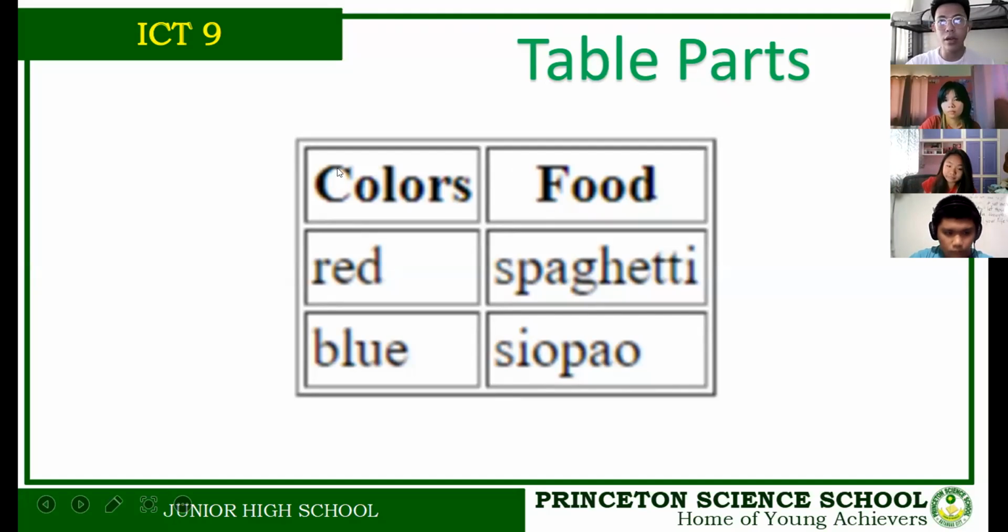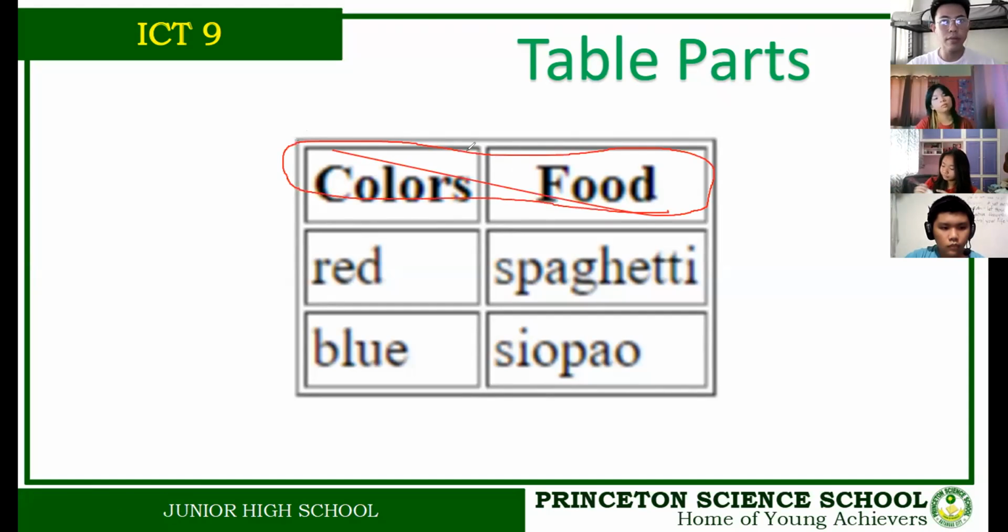So again, in our example here, we have our table. The table, of course, has the table header. The table header is easily distinguished. They are the ones with the thicker and bigger fonts. In this case, it is the colors and the food.